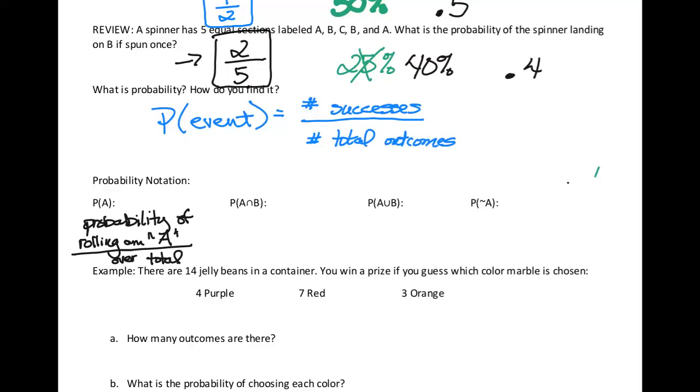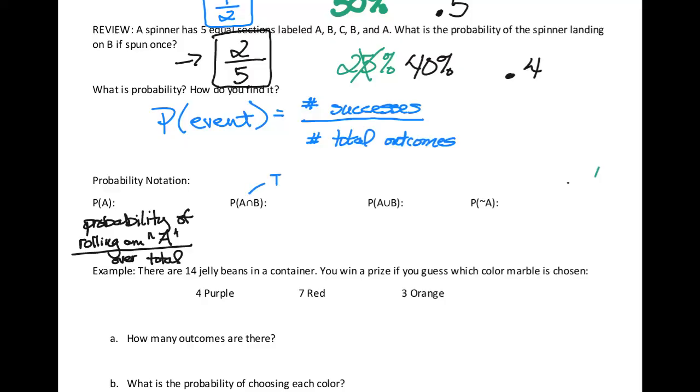Now, that's if you're rolling a die, okay? So the probability of A is the probability of rolling an A out of the total number of faces on your die.